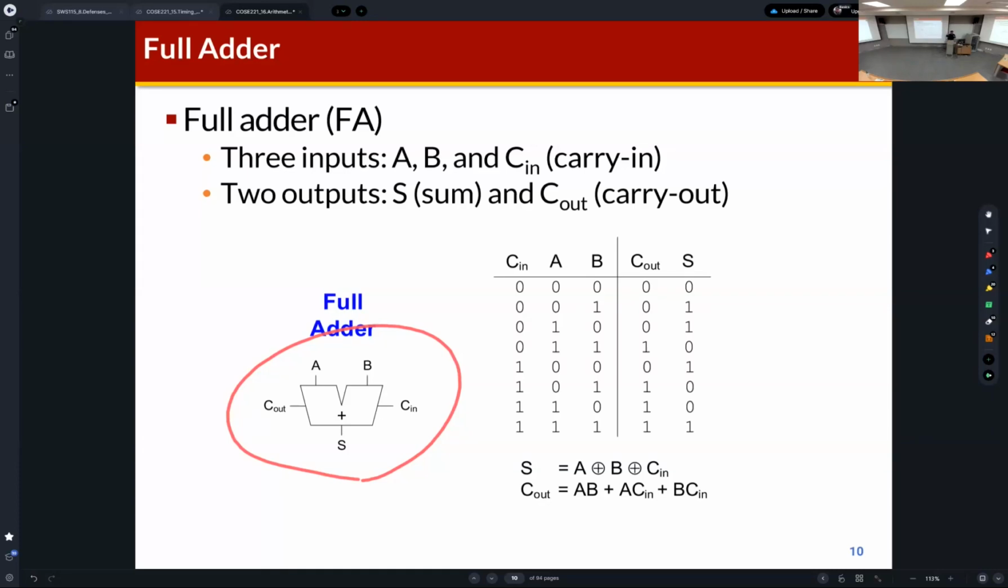Then how can we build the adder for larger numbers? This is just the basic element for bit-based adder operation. But by combining these full adders, we can build the adder unit for larger numbers, so for multiple bits.